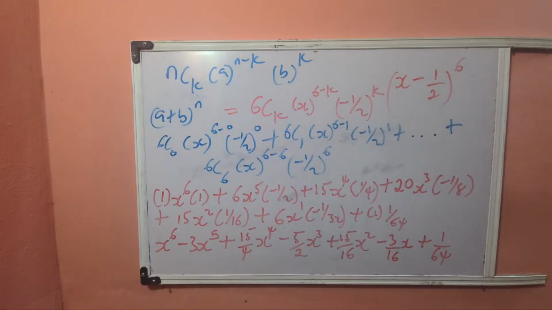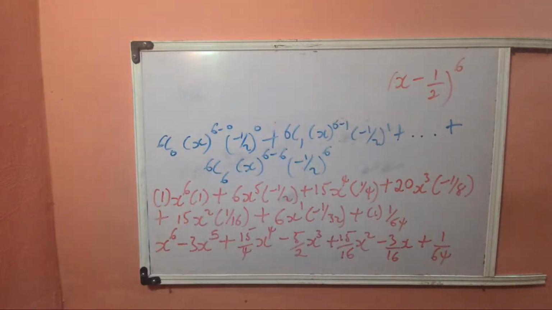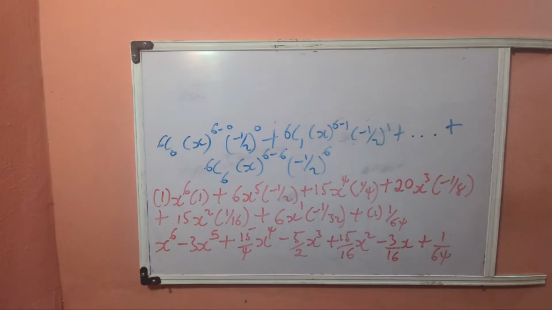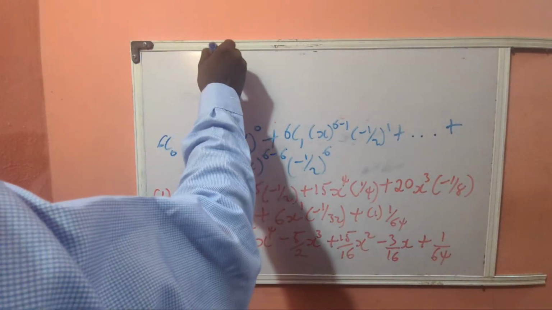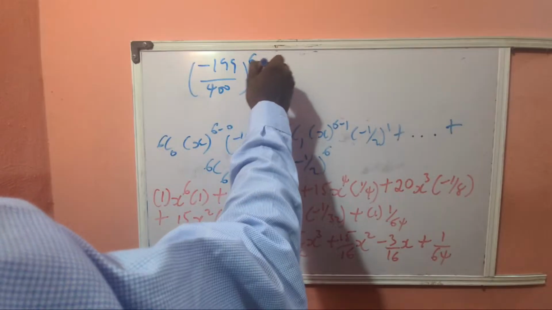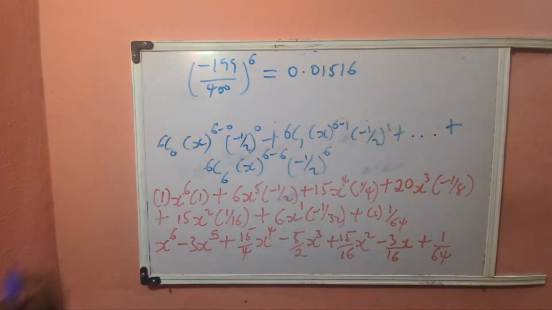They decided not to test you with bringing out the x value yourself, but they said by taking x equals 1 over 400, show that minus 199 over 400 raised to the power of 6 is equal to 0.01516. Study this carefully and let me know if you understand how this question goes.